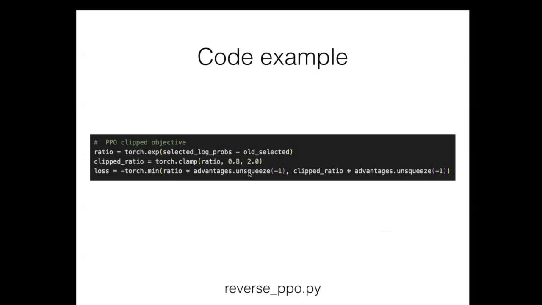I actually put this in for a reason. When people are playing around with this algorithm, finding different variations, another thing people try is having a different clipping threshold for the positive update direction.